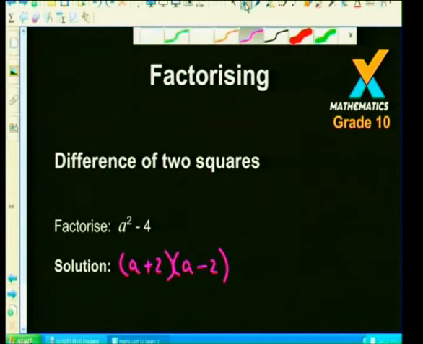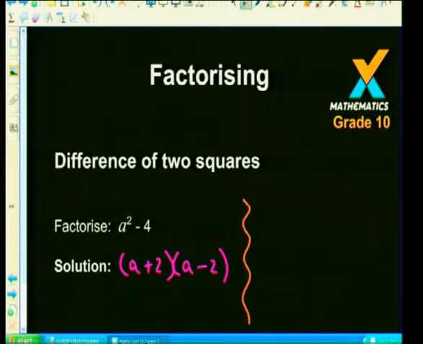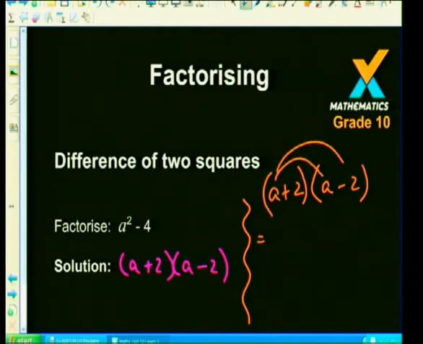Now, some of you might be saying, are you sure? What about our middle term? Well, let's do our double check on the side. A times A, times minus 2, plus 2 times A, plus 2 times negative 2. Gives us A squared minus 2A plus 2A minus 4.